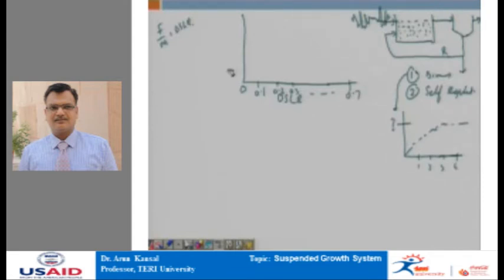And on this axis, if I show the relative degradation capacity in terms of percentage, when there is 0 biomass, there is 0 degradation. As the biomass concentration increases, the degradation capacity of the system also increases.